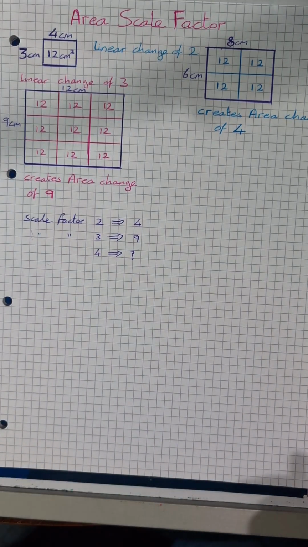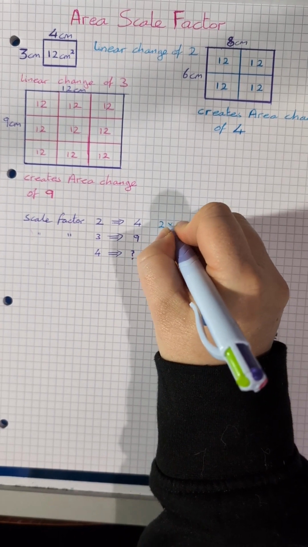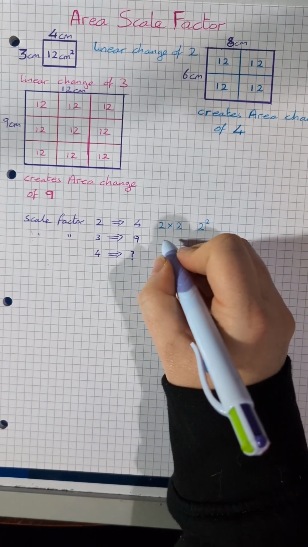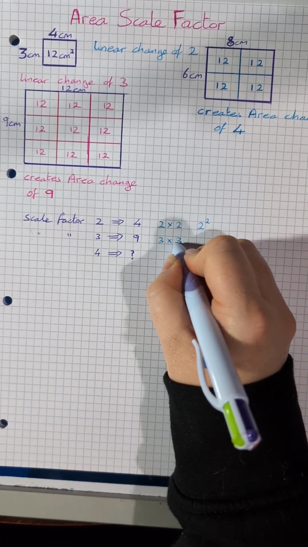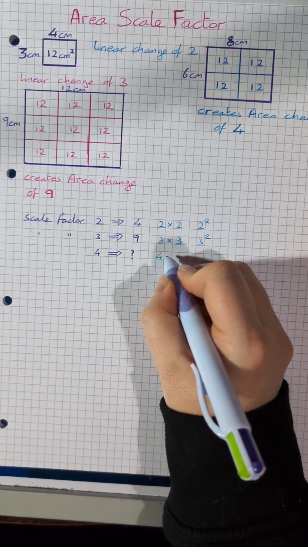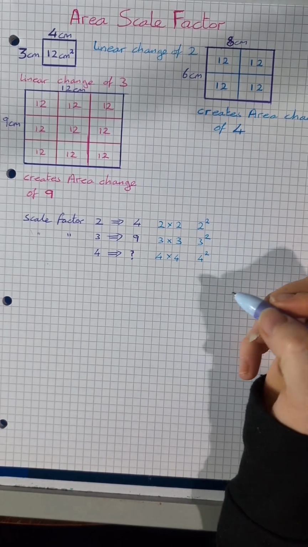So let me just write this down for you. That's the same as saying 2 times 2, which is 2 squared. 3 times 3, which is 3 squared. In this case, 4 times 4, which is 4 squared.